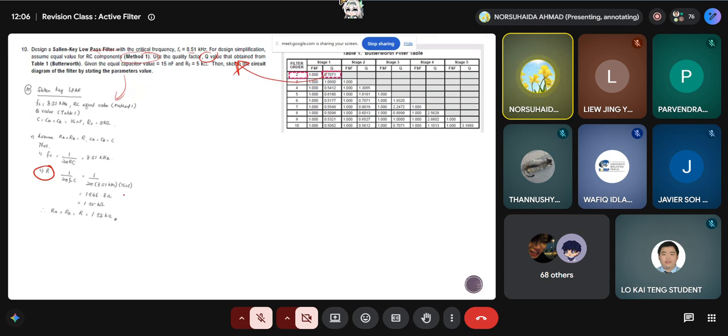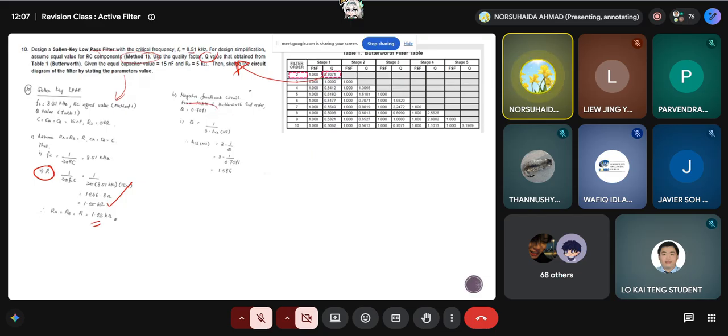After substituting all the values, we get our value of R equal to 1.25 kilo ohm. So our RA equal to RB equal to R is equal to 1.25 kilo ohm.